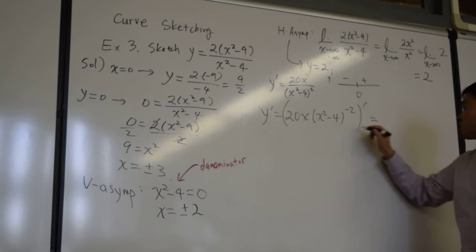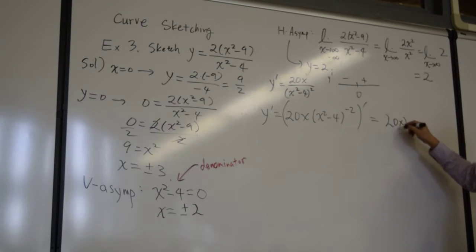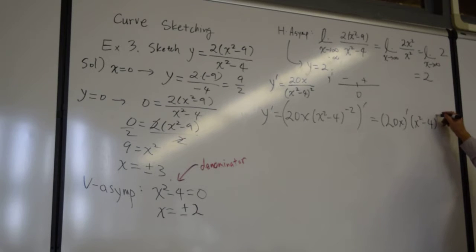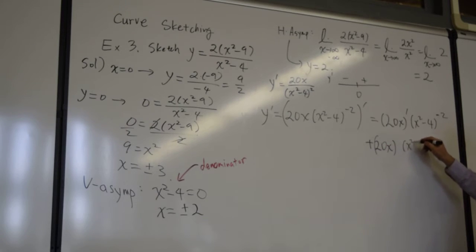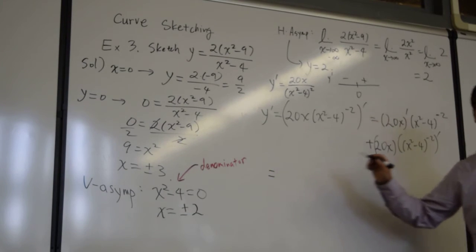You differentiate the first one, leave the second one without doing anything, plus, you leave the first one, but then differentiate the second one. Derivative of 20x is just 20.